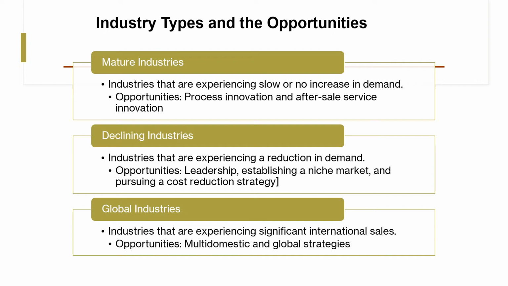So the opportunity is in terms of the leadership, establishing a niche market and pursuing a cost reduction strategy. Leadership because dia adalah pasaran yang sedia ada, industri sedia ada, so they have a very potential in terms of the leadership. And then in terms of the global industry they are experiencing significant international sales. The opportunity is multi-domestic and global strategies. So ini kelebihan daripada types of the industry yang berada di dalam industri kita lah.